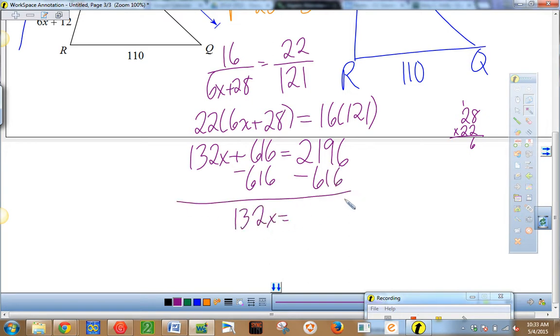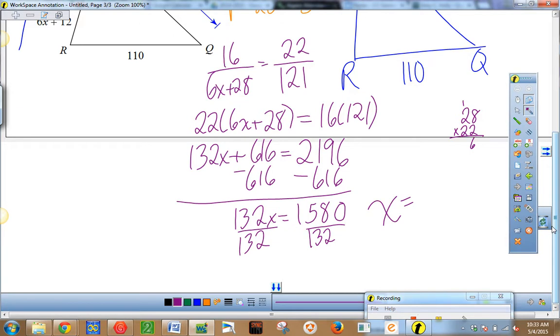132x second, 0, 8. I think that's what it is. Double check my math. This is all mental. Double check me. It's gotta be like 5. Something that ends in a. What's it equal?